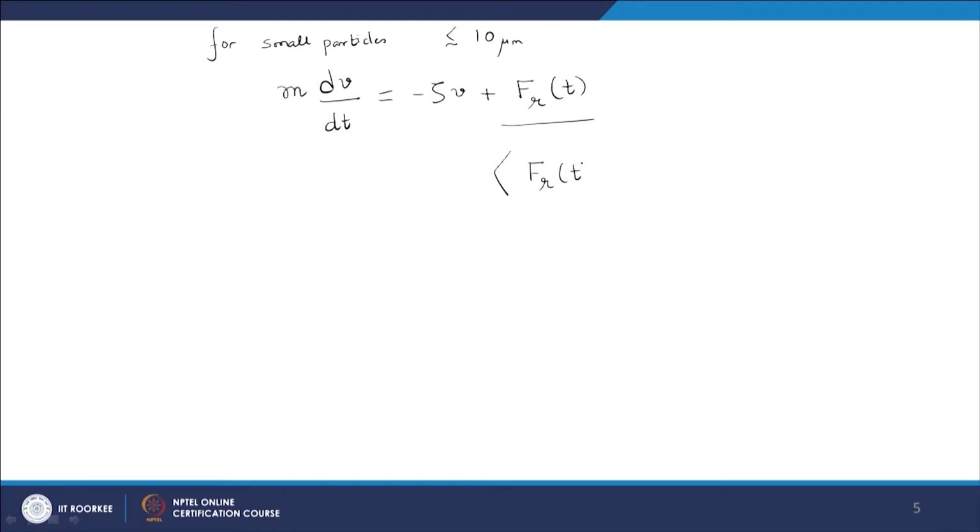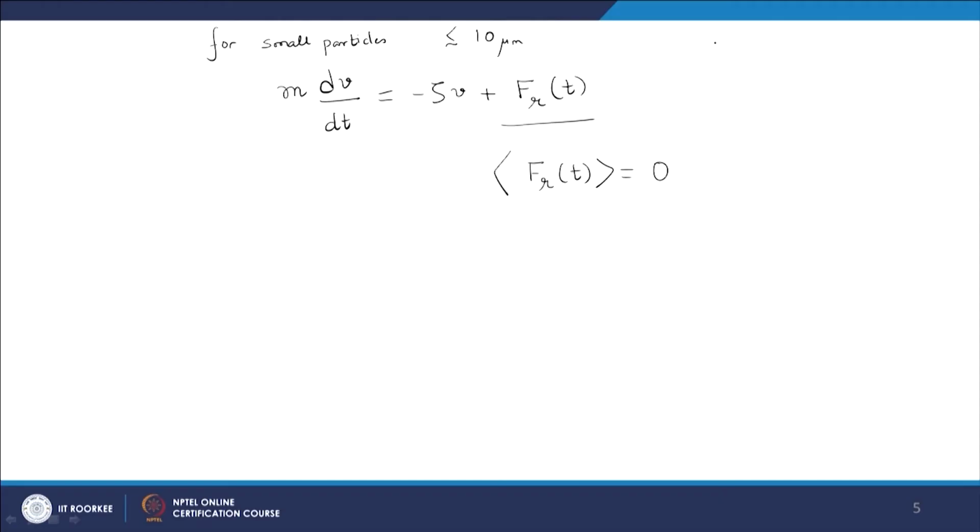Okay. So, one attribute we can think of having is this force must have a mean value of 0 if I take an average over time, or if I do an ensemble average over many particles in the system. Okay. That is one attribute. Now, if the mean value is 0, then how do we characterize the strength of the force? The strength we characterize using again the idea of the autocorrelation function we have discussed.